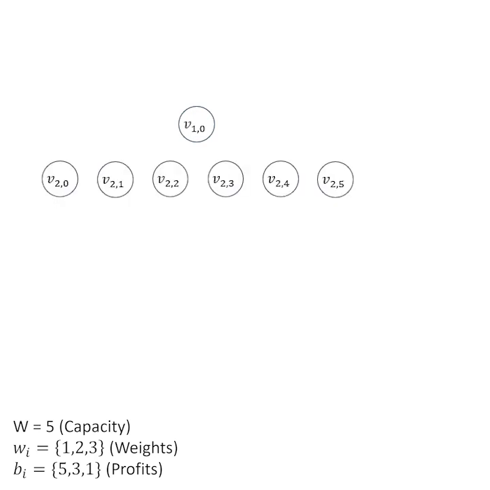So the next row of vertices represents item 2 and corresponding knapsack weights starting at 0 going up to the capacity of 5. So we're going to draw an edge from V10 to V20 if we decide that we're not going to place the first item into the knapsack.